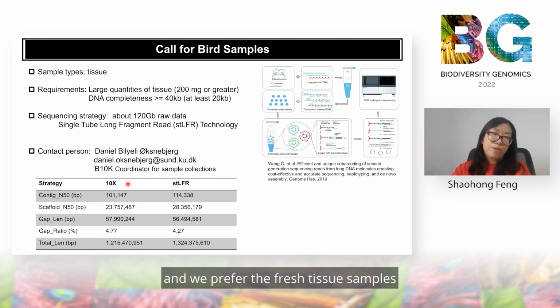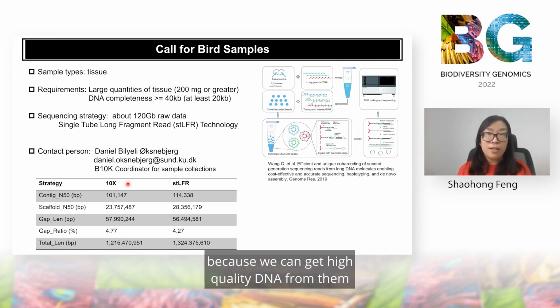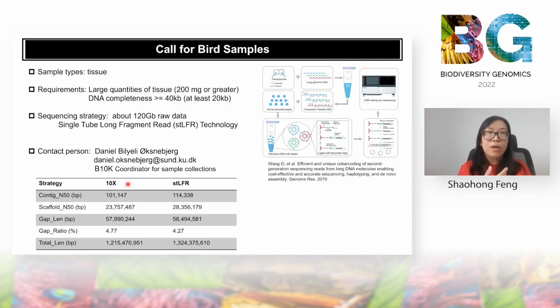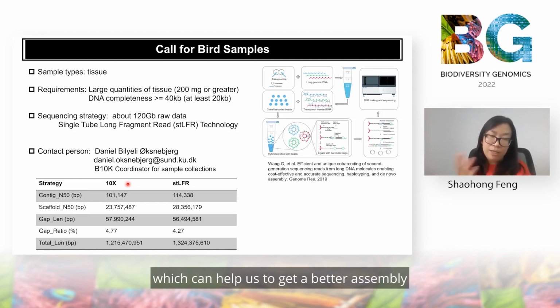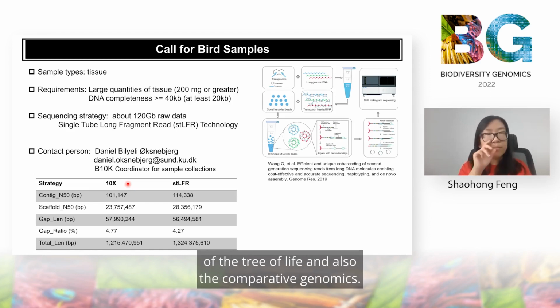We prefer fresh tissue samples and fresh blood samples because we can get high quality DNA from them, which can help us to get a better assembly and do better inference of the tree of life and also comparative genomics.